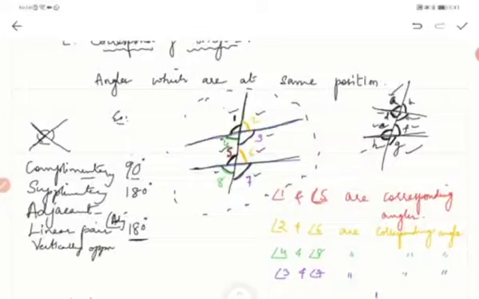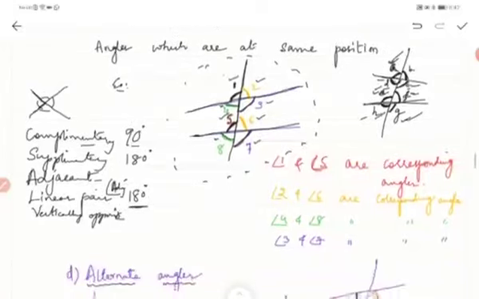So here, what is the vertically opposite angle to B? It is D. To A it is C. Vertically opposite angle to E is G. Vertically opposite angle to F is H. So in this kind of figure you have 8 vertically opposite angles, sorry, that means 4 pairs are there.